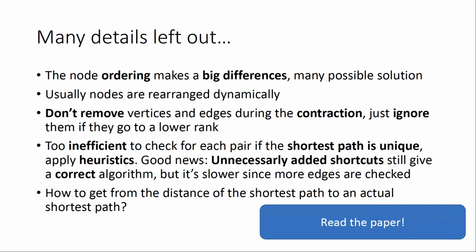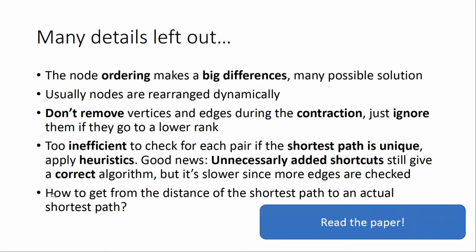This is going to be far too inefficient if you run Dijkstra all the time, so you have to apply some heuristics. It's also in the paper, like running Dijkstra for 30 different vertices. But the good news is, if you add some shortcuts unnecessarily because your algorithm said, I'm not sure if this is unique, it doesn't matter. It makes running time a bit slower, but it still works.